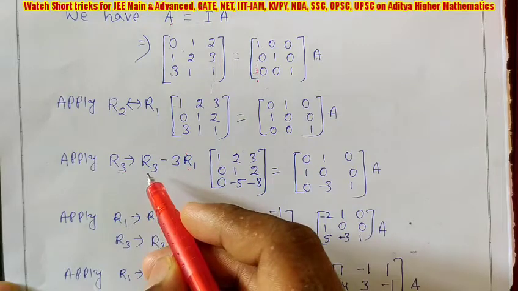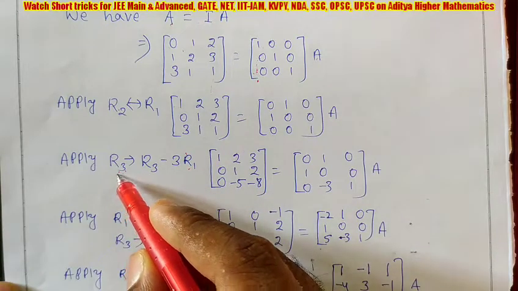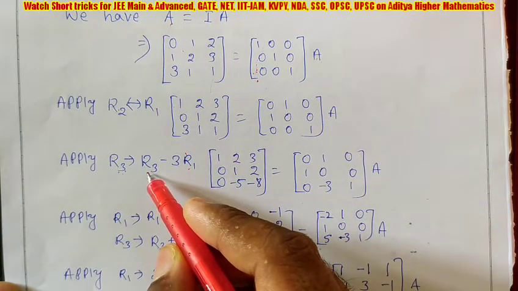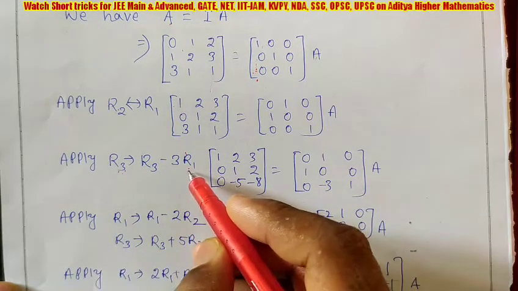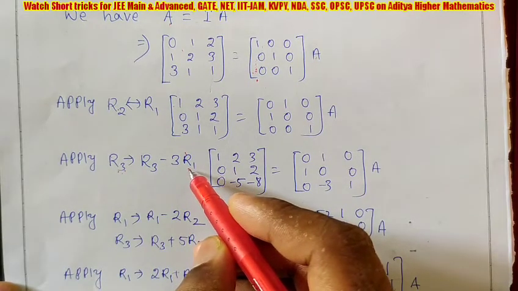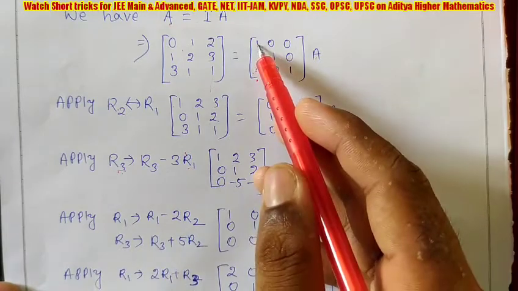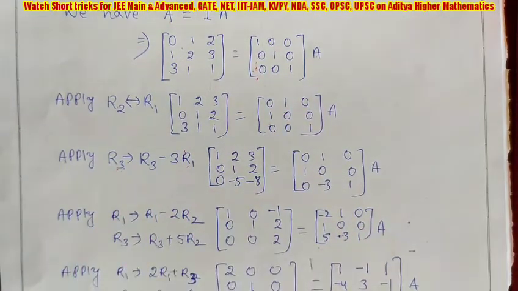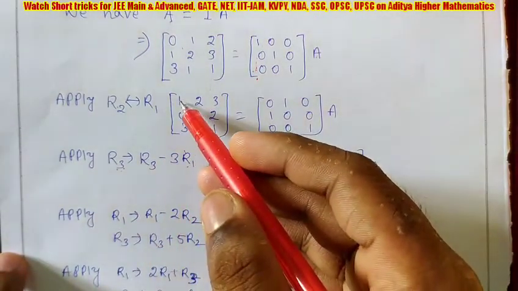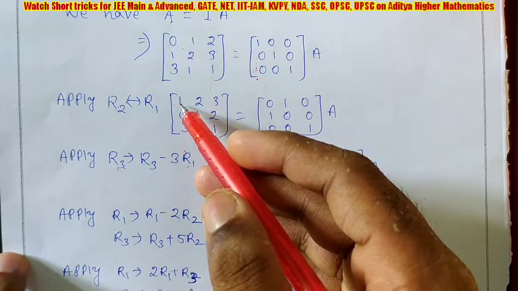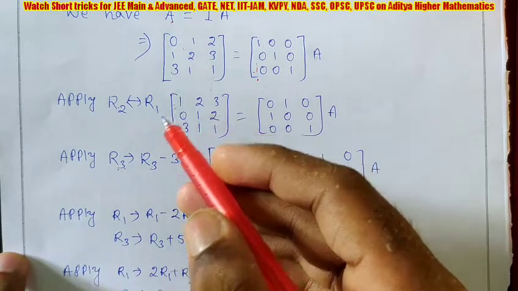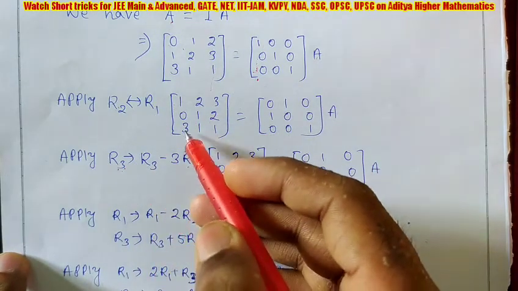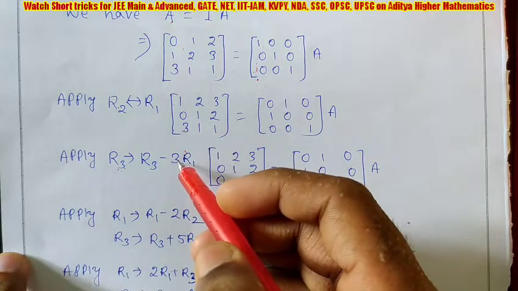We are changing R3, so we write R3 first, and second we write the row which is non-zero in the first column, which is R1. Then we have to take the coefficients accordingly. That means the element given in R1 you take as the coefficient of R3, and the element given in R3 you take as the coefficient of R1.